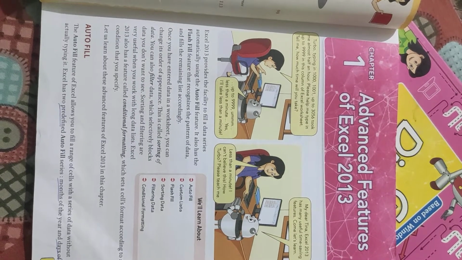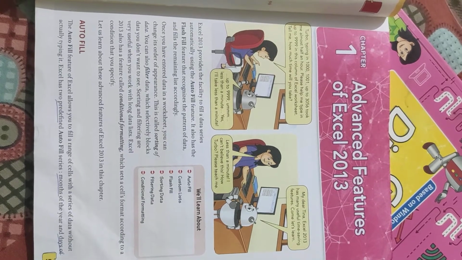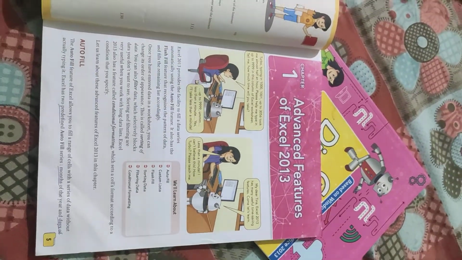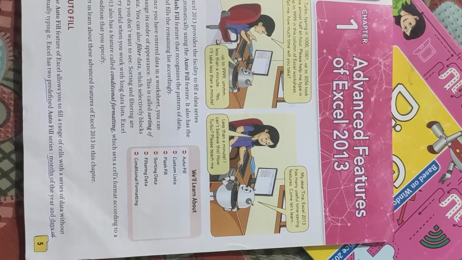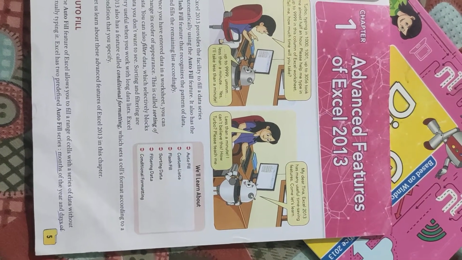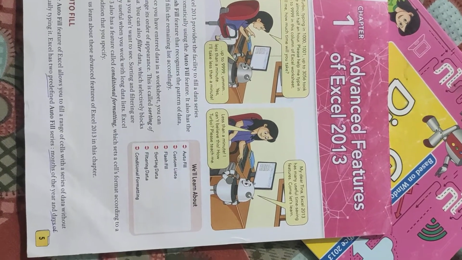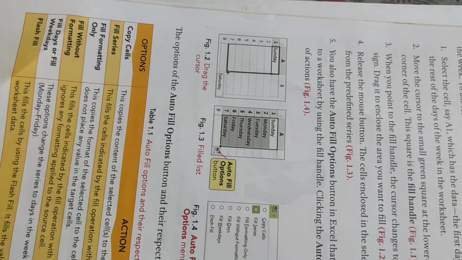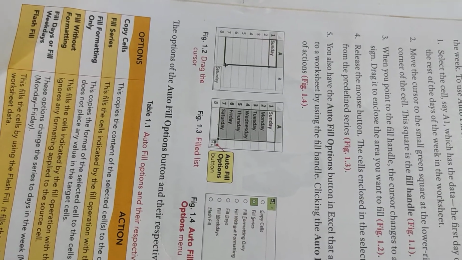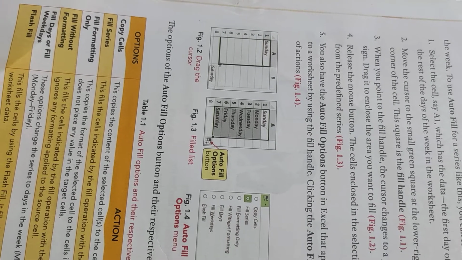The autofill feature of Excel allows us to fill a range of cells with a series of data without actually typing it. We know that there are two predefined series stored in MS Excel: months of the year and days of the week. Suppose you were to write 7 days of a week starting from Sunday, you just have to write Sunday and then drag.